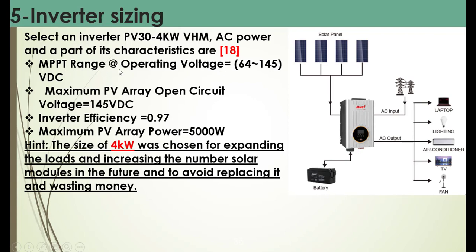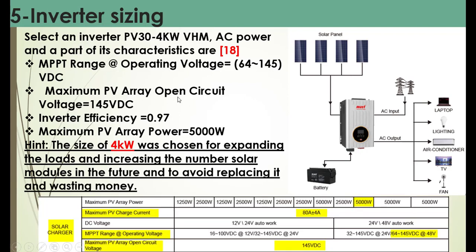The MPPT range, or maximum power point tracking voltage, at operating voltage is from 64 as the minimum value to 145 volt DC, and the maximum PV array open circuit voltage is 145 volt DC.